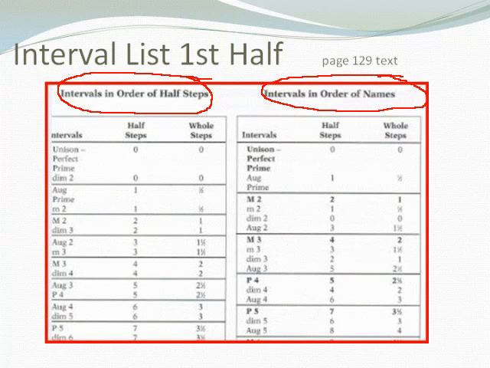So here it's 1 half step, 2, 3, 4, 5, and so on. Over here it goes from major second, third, fourth, and fifth. It's just a different order. You see what I mean? It doesn't matter. It's the same thing. A major third on this side is 4 half steps. It's the same thing over here. It's just a different way of listing it, whichever way makes it easier for you.